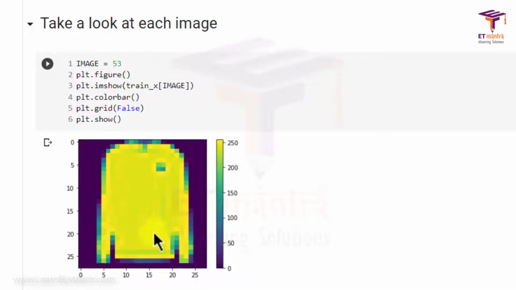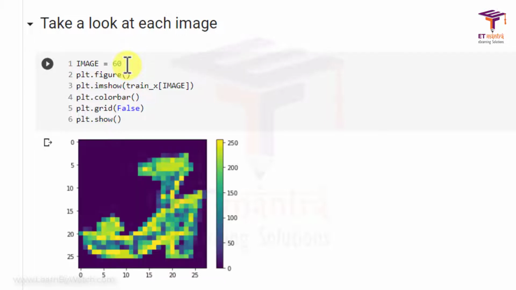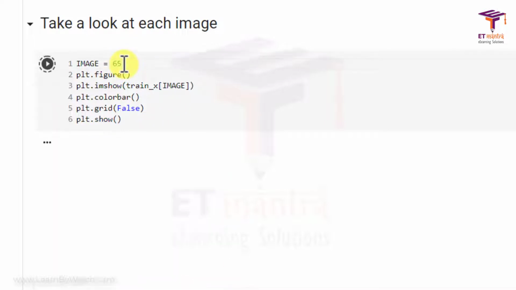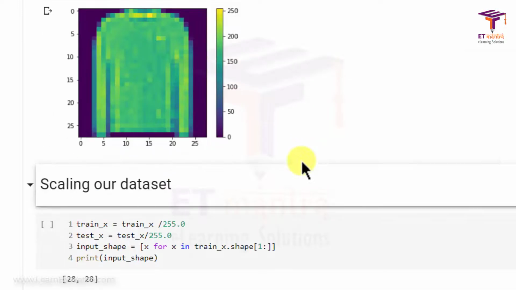Let's change this to something else. Okay, this looks like a pullover. Most of these images are not very clear since they are very low resolution. This looks like a sandal, and let's see one last image. Okay, this looks like a pullover or a t-shirt.